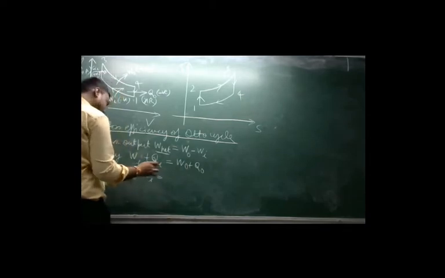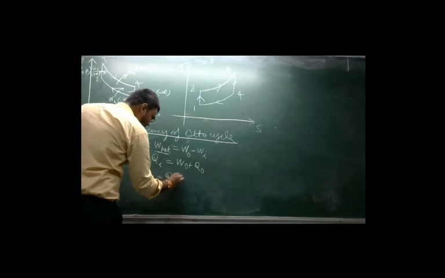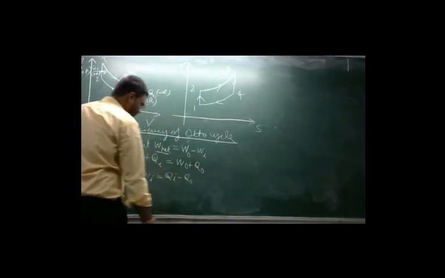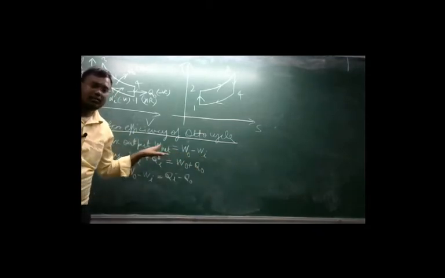So this becomes QI minus QO. What is WO minus WI? WO minus WI is nothing but net work output.